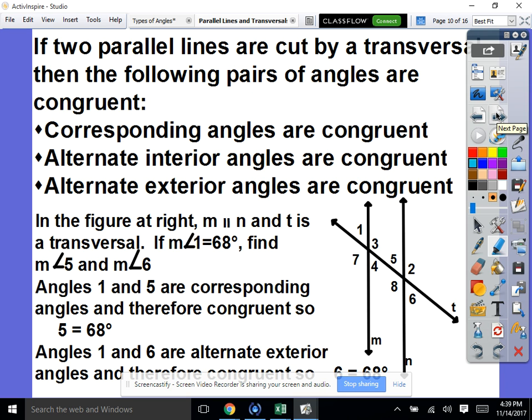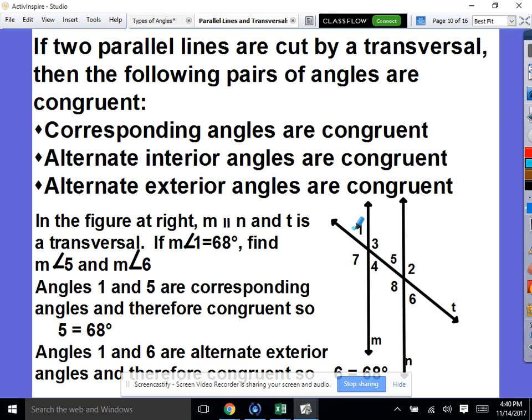If 2 parallel lines are cut by a transversal, then the following pairs of angles are congruent. Corresponding angles are congruent. So remember, they're in the exact same spot in relation to the transversal. So 1 is above the transversal to the left.